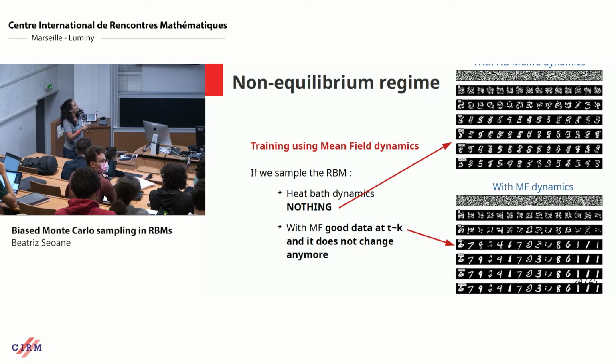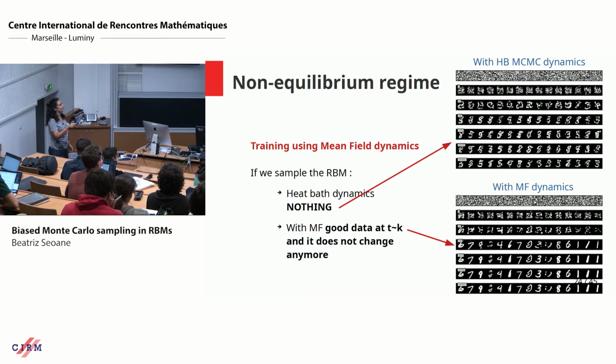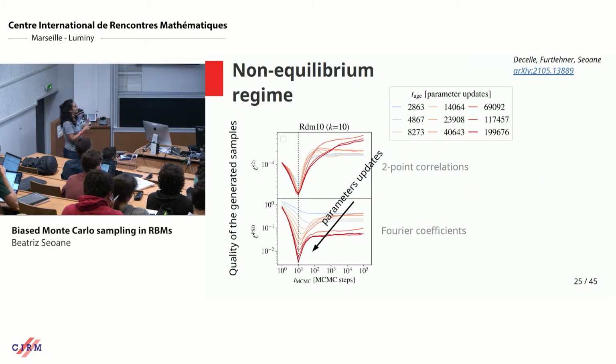And if we try to sample this using Monte Carlo dynamics, the heat-bath updates, we see that we don't get numbers. It looks more like numbers than in the previous case, but these are not numbers. But on the contrary, if I do the sampling also using mean field dynamics, we do find the numbers at the same number of steps that we have used during the learning, and from now on, it seems frozen. I mean, we rest there and nothing else. So the non-equilibrium machine learns the dynamics used to train it.